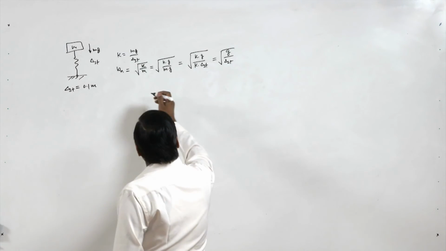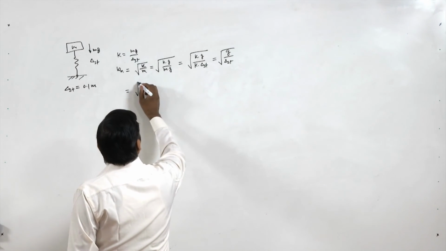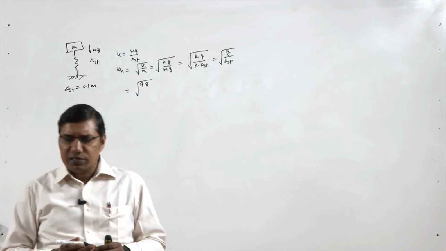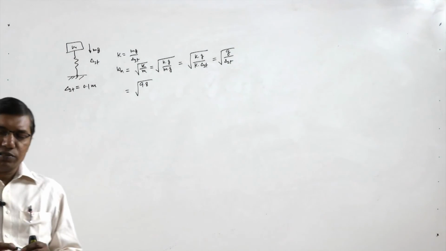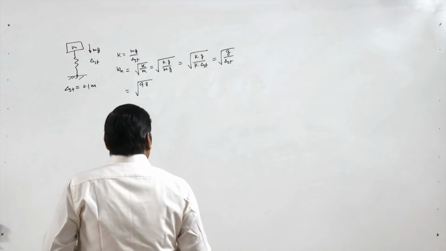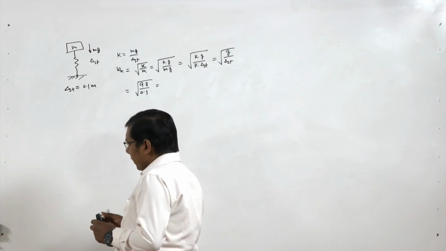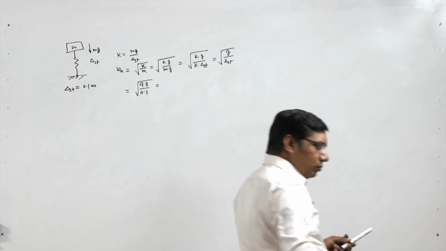Now we put in this equation g equal to 9.8 meter per second square, the gravitational acceleration, and delta st is 0.1. So we can calculate omega n.